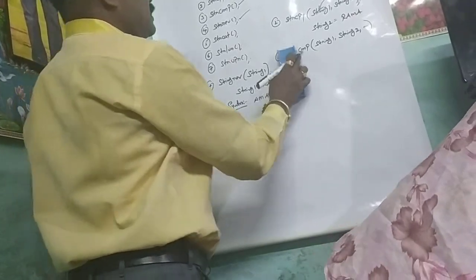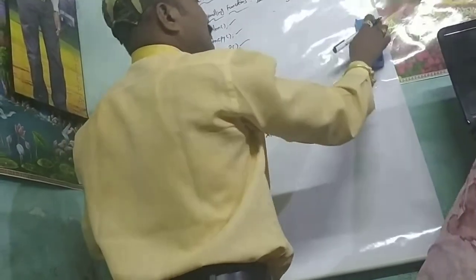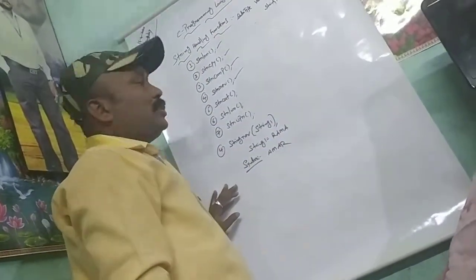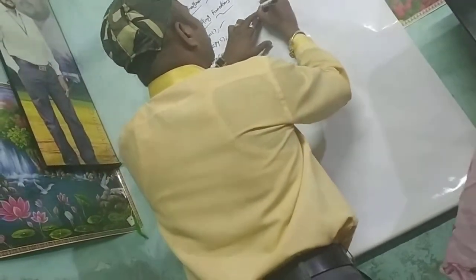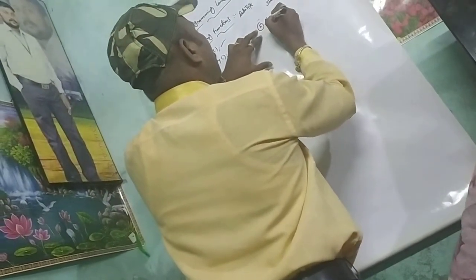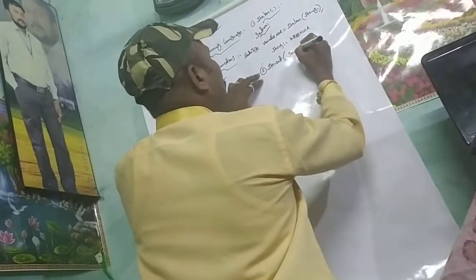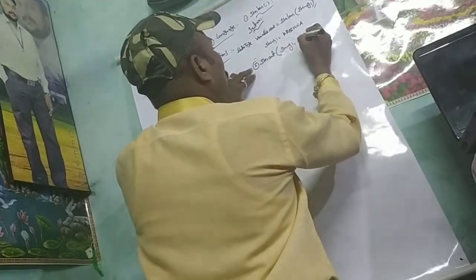Then next one, now I will explain string concatenation. String concatenation means join these two strings or combine the two strings. String cat, string 1 comma string 2.